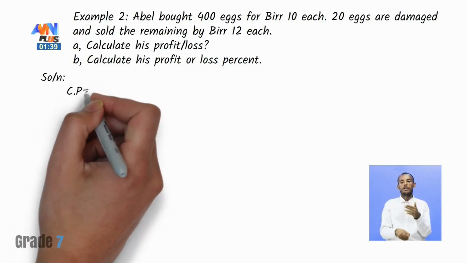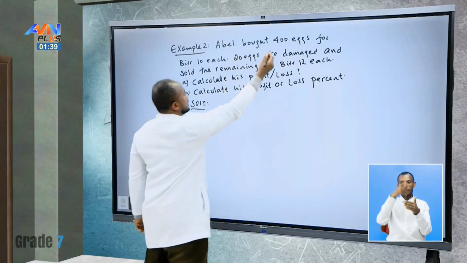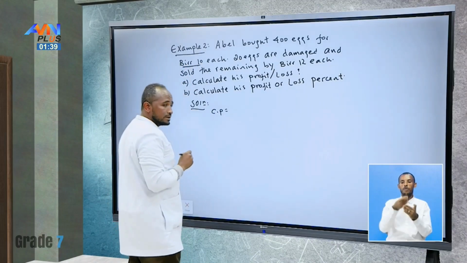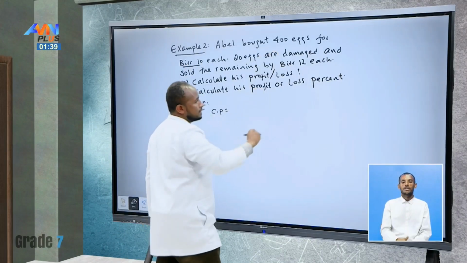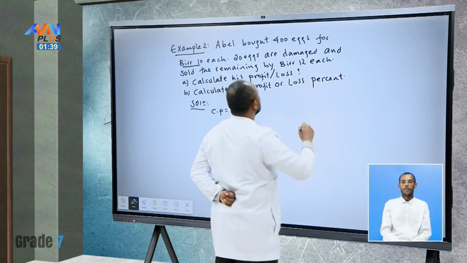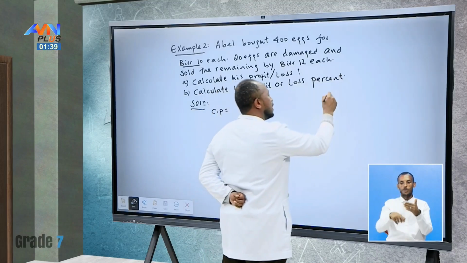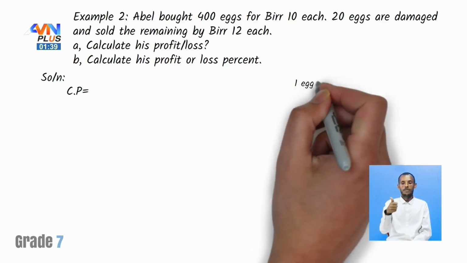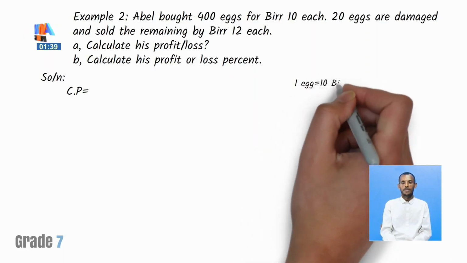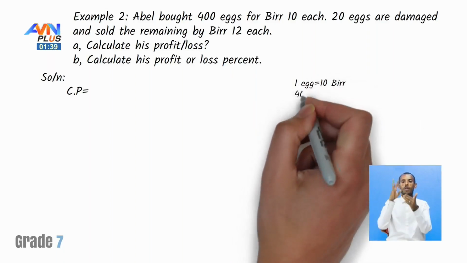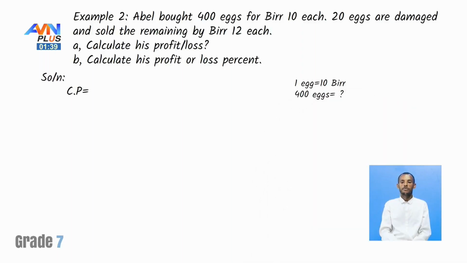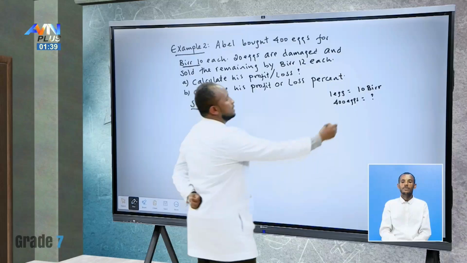Since the cost of one egg is 10 birr, the cost of 400 eggs, we can just cross multiply.